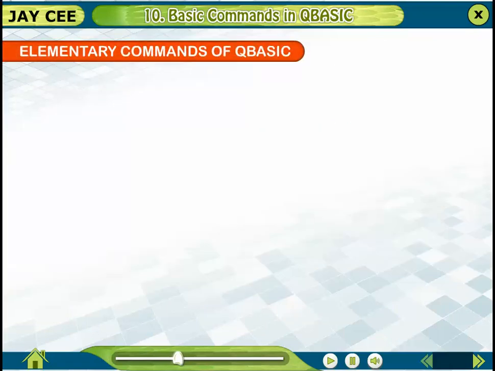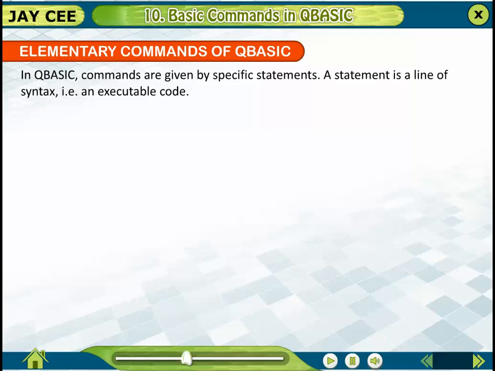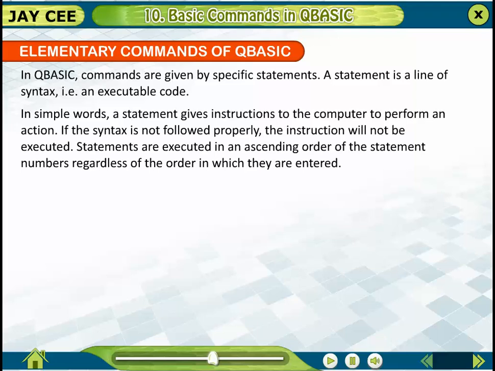Elementary commands of QBASIC. In QBASIC, commands are given by specific statements. A statement is a line of syntax, that is, an executable code. In simple words, a statement gives instructions to the computer to perform an action.